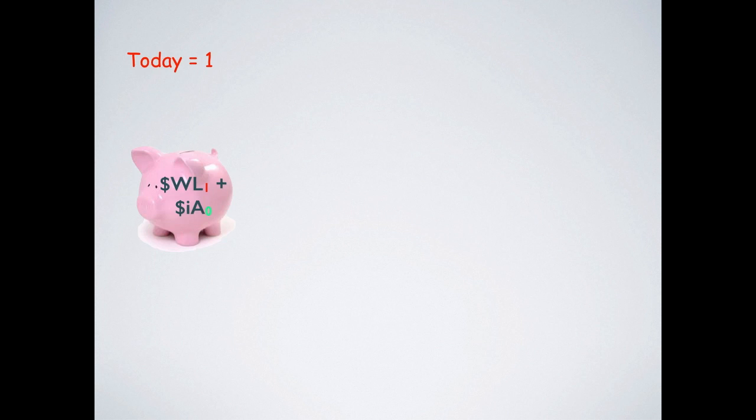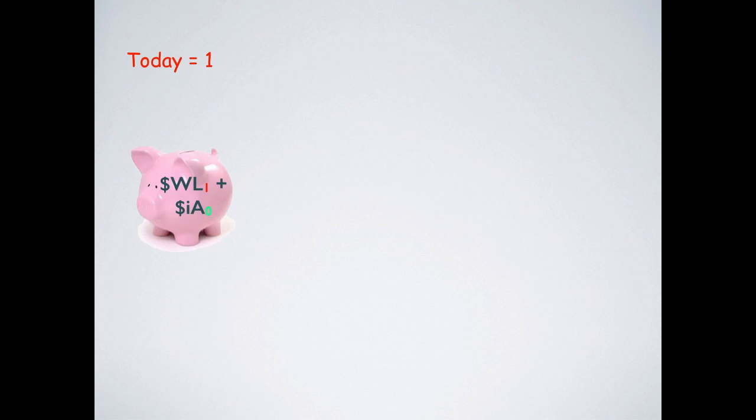Now we are ready to move on to talk about a new kind of household budget constraint, which is intertemporal budget constraint. By definition, intertemporal means anything involved with more than one period. We start from our traditional one-period budget constraint.